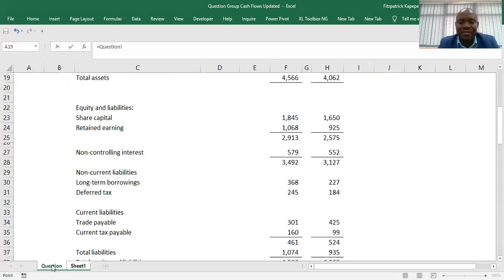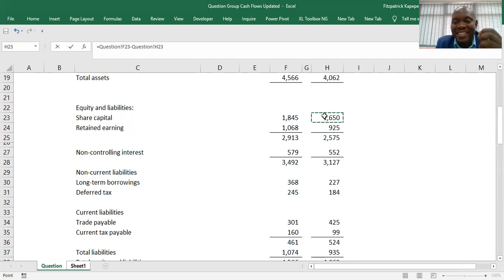So here, there was an increase, meaning that they could have sold shares. And ignore retained earnings. It has already been taken care of under operating activities, because it's basically a product of non-cash flows.